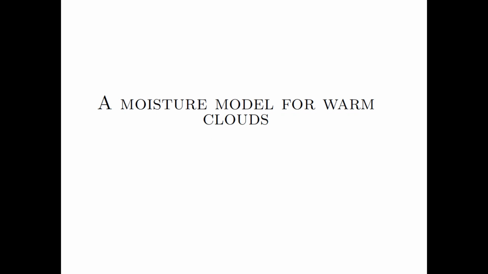And hence the microphysics is very complicated. So here we're looking at a moisture model for warm clouds. Warm clouds means that we're looking at them without the ice phase, so only involving the two phases of liquid or vapor. Okay, and that's the model that I'm going to talk about.